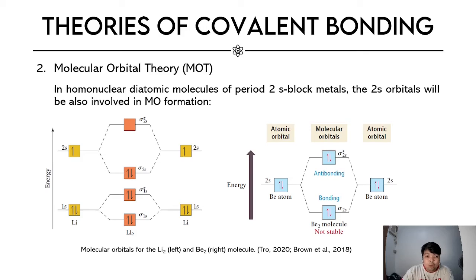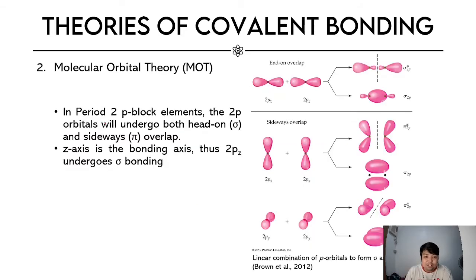Now, when we proceed to the p-block elements of period 2, not only the 2s is involved, but also the 2p. We have seen in valence bond theory that p orbitals can have a head-on and a sideways overlap to form a sigma bond and a pi bond respectively.